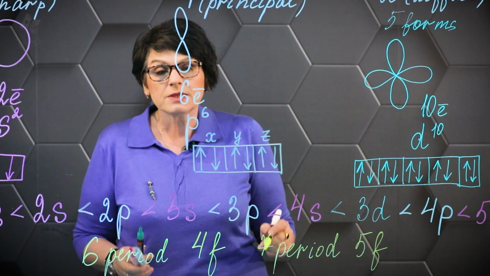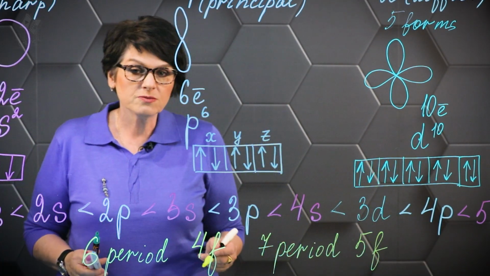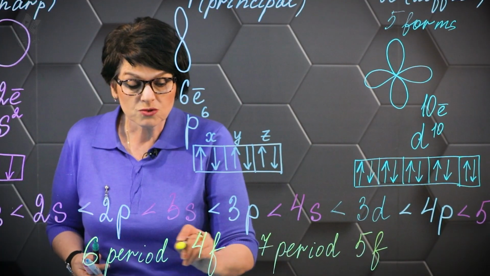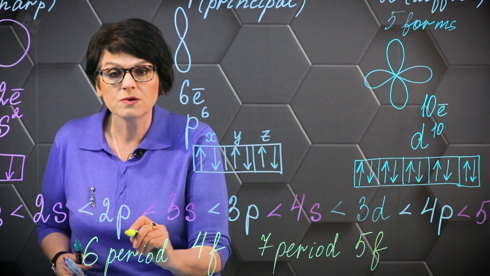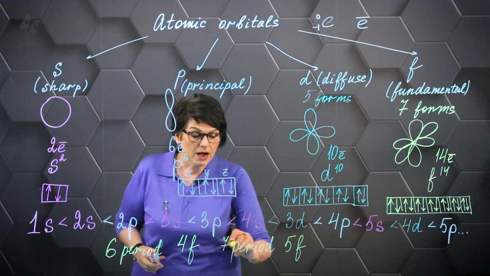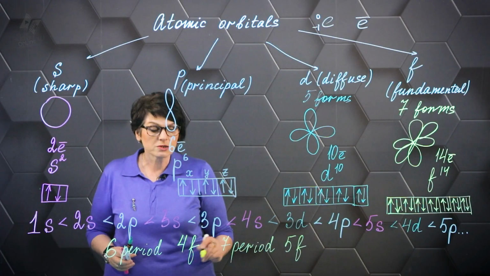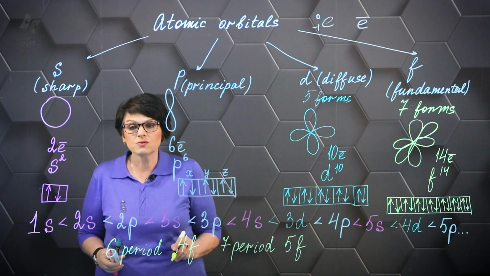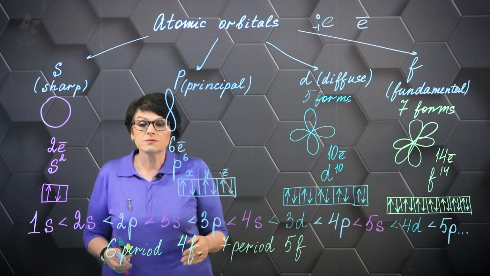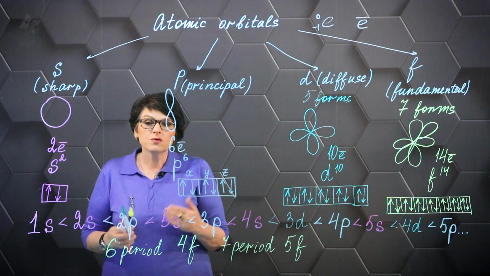These particular elements are typically found lower down in the periodic table, and they are referred to as the lanthanides. These elements belong to the sixth period, and their 4f sublevel is filled. On the other hand, the elements in the seventh period have their 5f sublevel filled, and are known as actinoids.